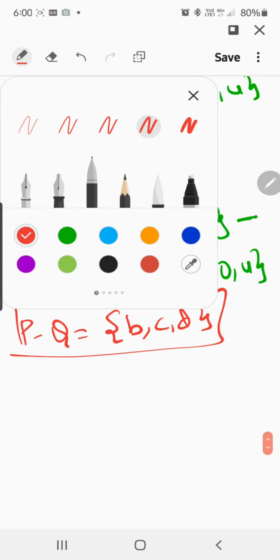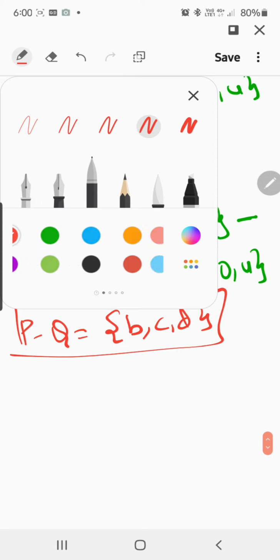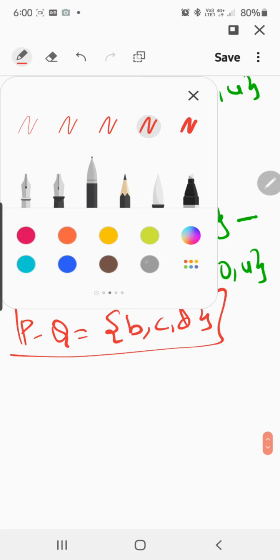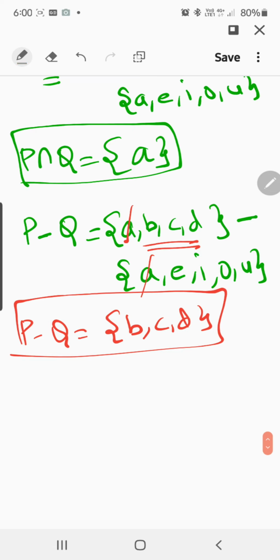Now again we are performing the same but with something different, that is Q minus P this time. What is Q?